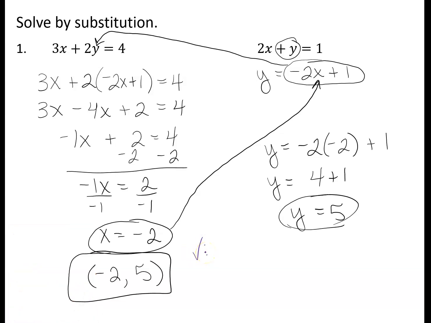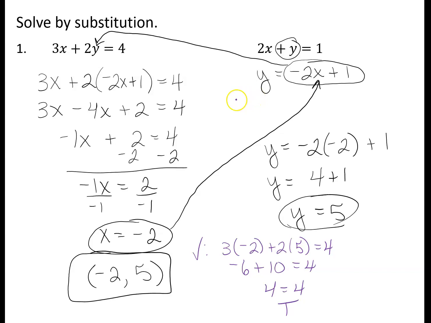It should make both of our original equations true. So let's go to the first equation and plug in negative 2 for x and 5 for y. We should get 4. Let's see, it'll be negative 6 plus 10, and that is 4. All right, so true for the first, and then let's check the second.